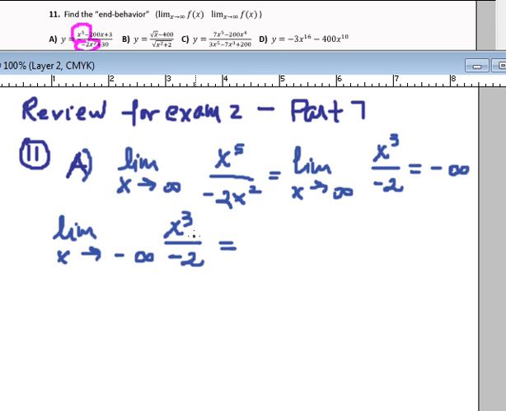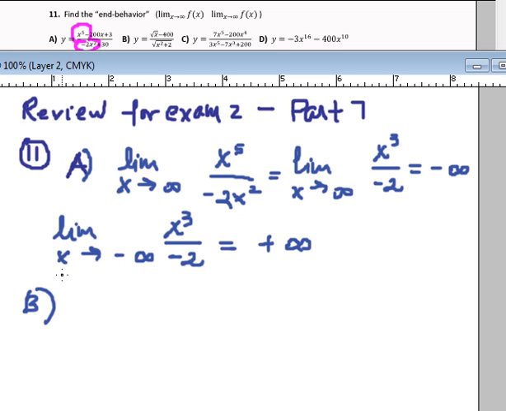So if we substitute in negative values of large magnitude and cube, we get something negative of large magnitude, and we're dividing by a negative, and so negative divided by negative is positive, so the limit would be positive infinity as x goes to minus infinity.